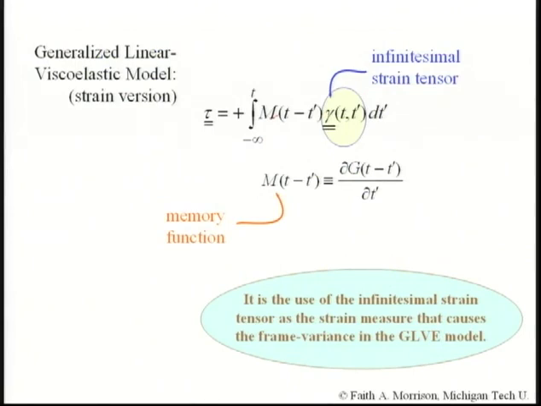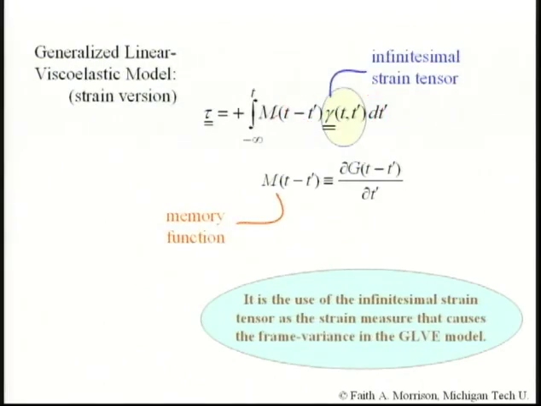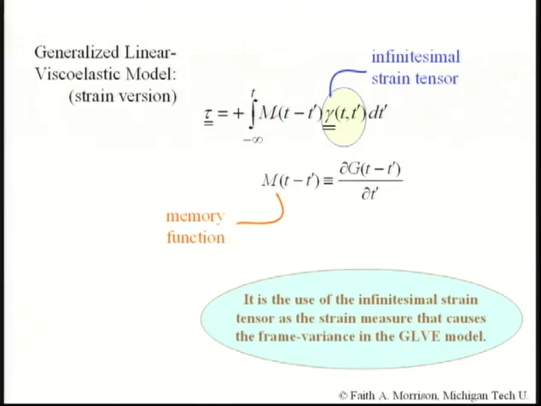And this front factor changed as well. This was g of t minus t prime, and this is m, which is partial g with respect to t prime. So this function is something that we can get from experimental data. So this is a usable version of the generalized linear viscoelastic model. But the important thing for us is that it changed our focus to strain measures.